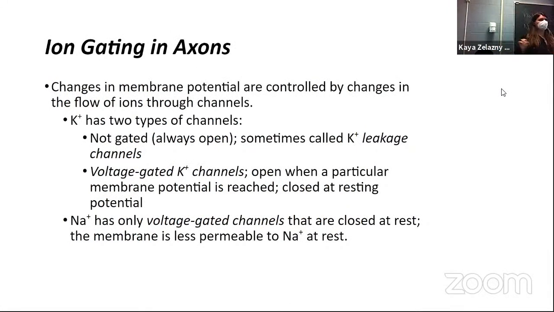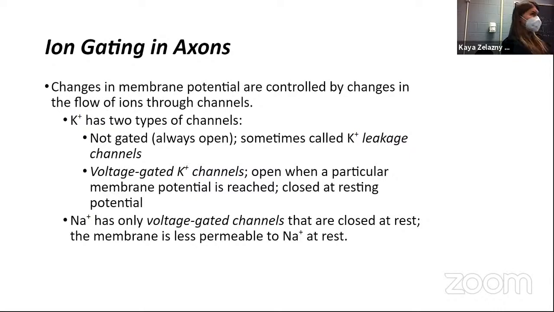This brings us to what exactly an ion gate is, why it would change, and why we care about it. Our ions have to move through a channel to get into our neuron, because otherwise they're just going to bounce off that non-polar region of our cell membrane, right? They can't get through our phospholipid.